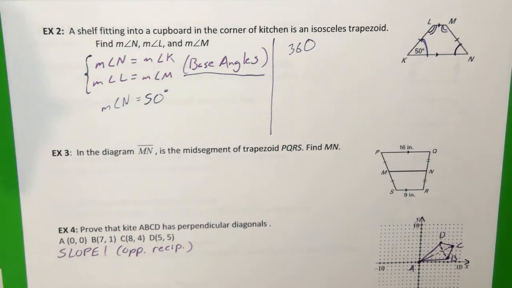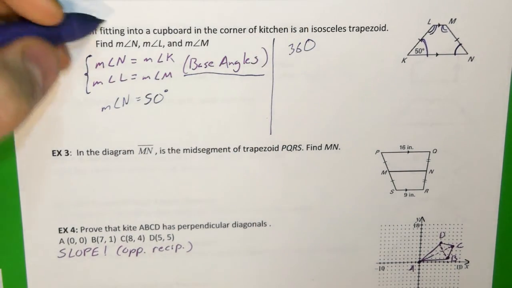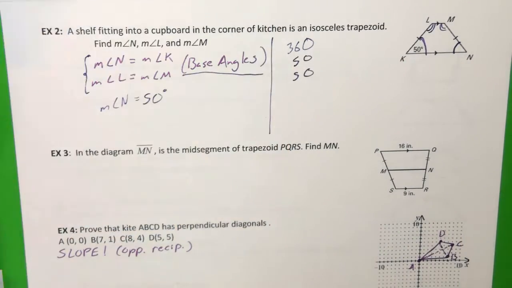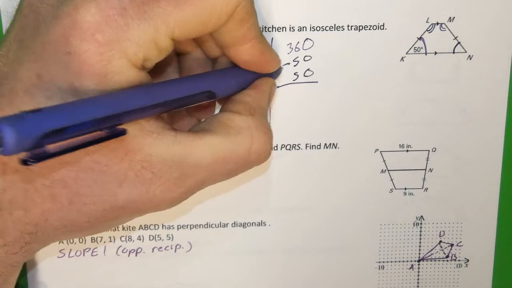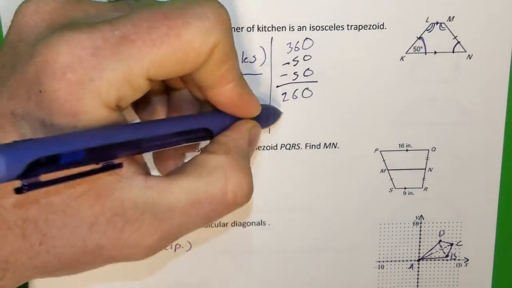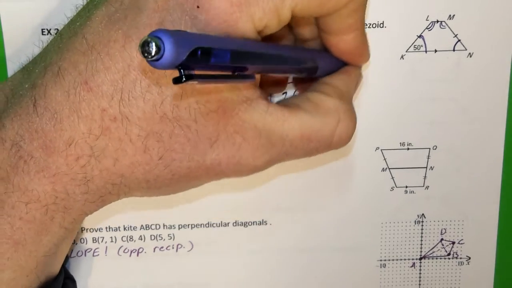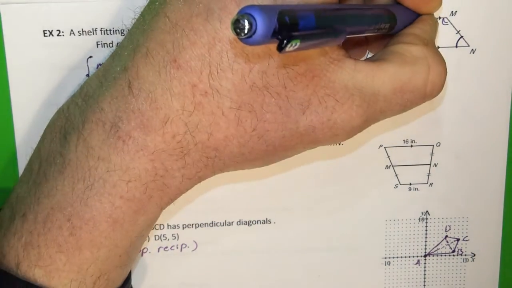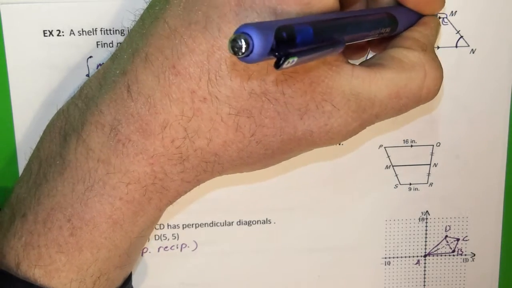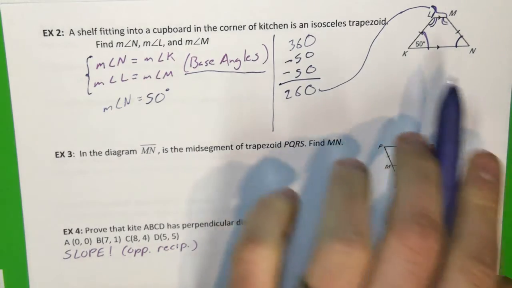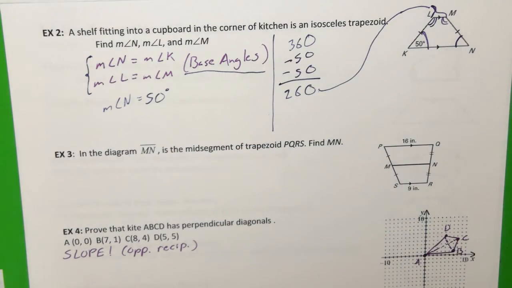So if I know that all of them need to add up to 360, I can subtract the 50s that I already know about from the bottom. When I do that, that's going to give me 260. That 260 represents the sum of both L and M. Also, L and M need to match, which means they need to be evenly split.